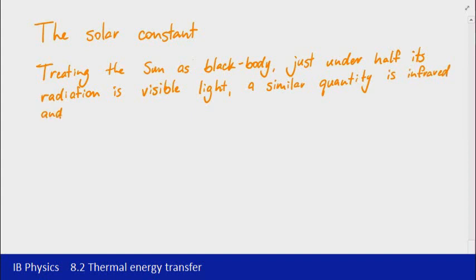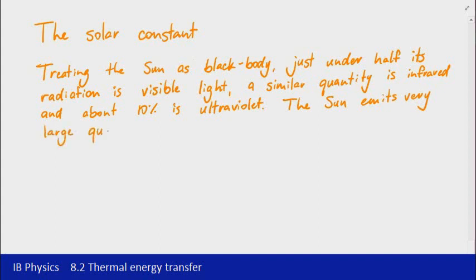And so that's about 10% is ultraviolet. So there's the spectrum from the Sun, and all of that energy is quite a significant amount. So the Sun emits very large quantities of radiation.